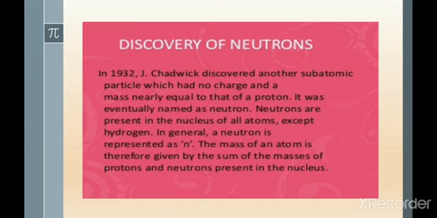Number 3, you are able to state the postulates of Thomson's model, Rutherford's model and Bohr's model of an atom. Number 4, you are able to list the drawbacks of Thomson's and Rutherford's models of an atom. Number 5, you are able to draw well-labeled diagrams explaining various models of an atom.